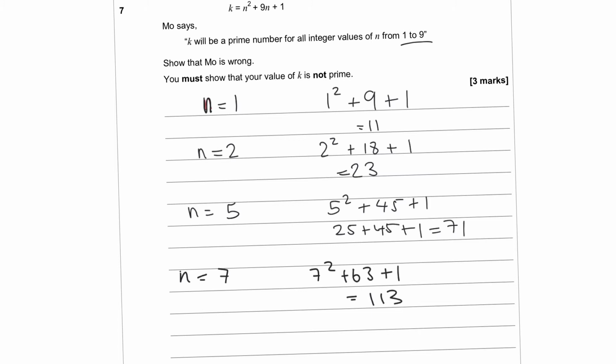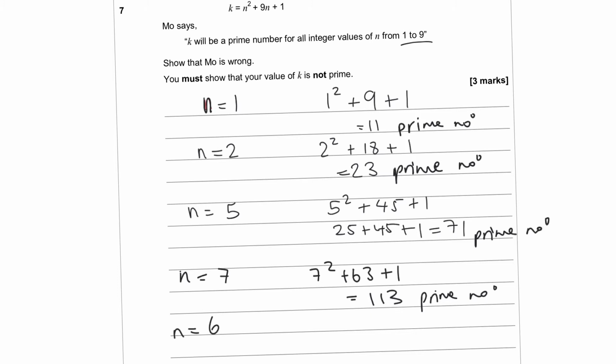Okay, so that's not worked as well because these are all prime numbers. Oh gosh, we're trying to show that he's wrong. So prime number, prime number, prime number. Surely there will be one, right?